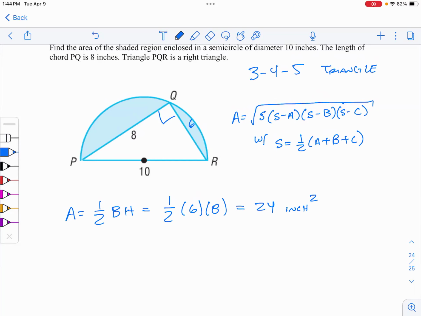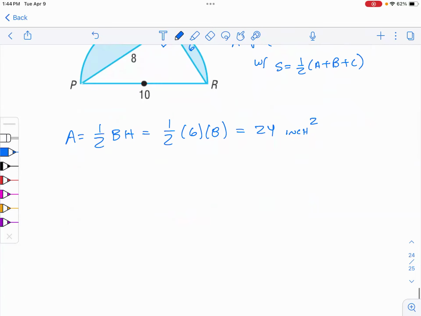Heron's formula, remember, uses our sides by plugging into this equation. Do we remember it, or should we go through this one too, just to verify? Okay, so S equals 1/2 times A plus B plus C, and those are my sides.